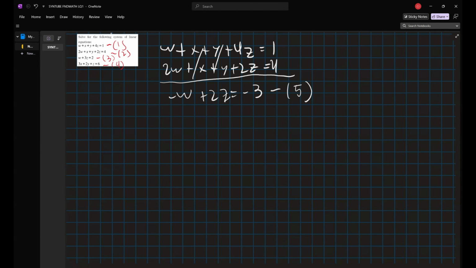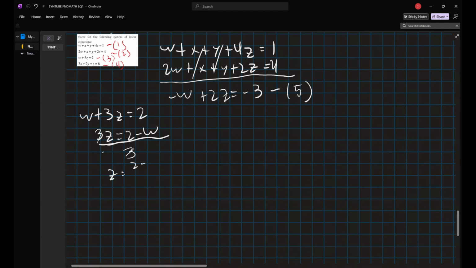Since we have w plus 3z equals 2, we can solve for z. To do that, we transpose w to the other side and divide both sides by 3. So we have 3z equals 2 minus w, then divide both sides by 3, and that would give us z equals (2 minus w) over 3.